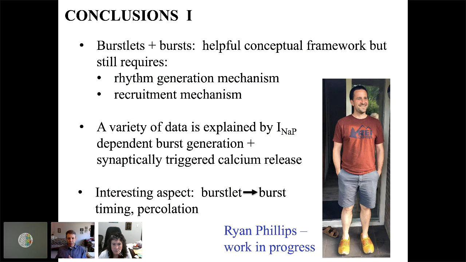And we have a persistent sodium dependent burst generation in the burstlet neurons here, very much like the Butera model, and this new idea of the synaptically triggered calcium release leading to the recruitment into bursts or not. Now, there are other factors that I don't have time to go into related to the network spread of the activity and delays in the emergence of the burst related to this idea of percolation.